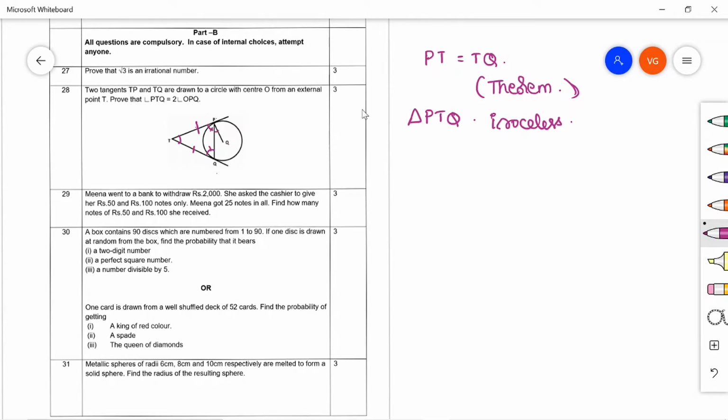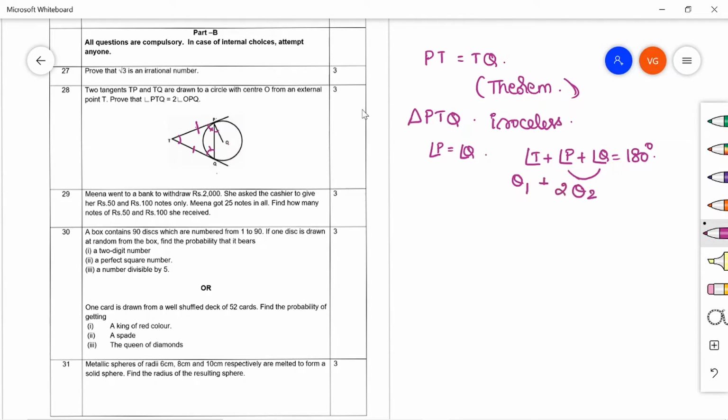So in this triangle PTQ, angle P is equal to angle Q. And you know angle T plus angle P plus angle Q is equal to 180 degrees, right? So these two are one and the same. Let us call this theta 1 and these two theta 2, right?